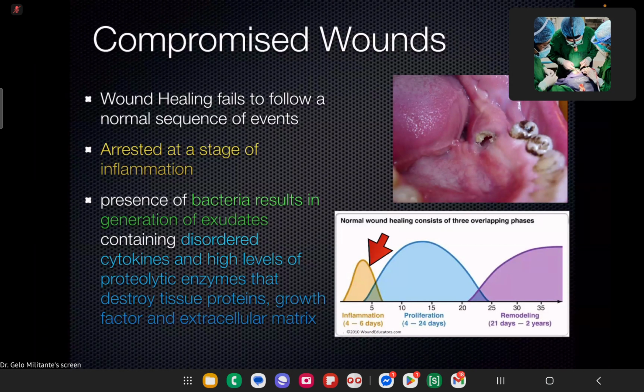Because remember, in the patterns of wound healing, we have different stages: number one, inflammation, proliferation, and of course, remodeling. So compromised wounds happen at the stage of inflammation. That's why it's called a compromised wound.